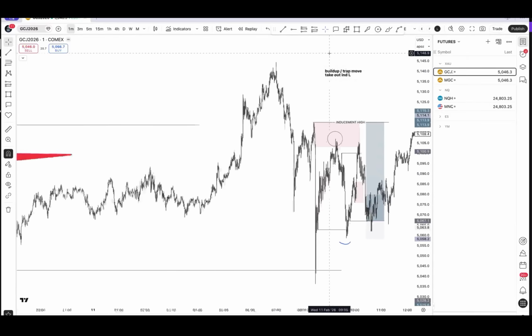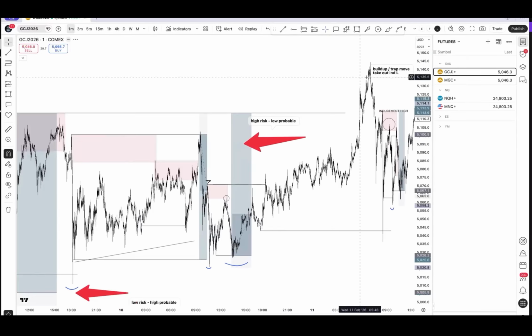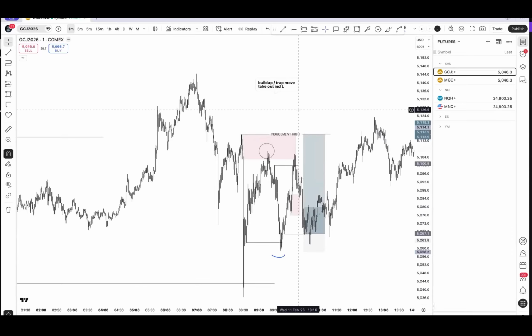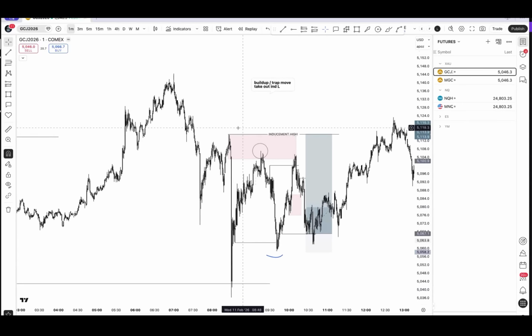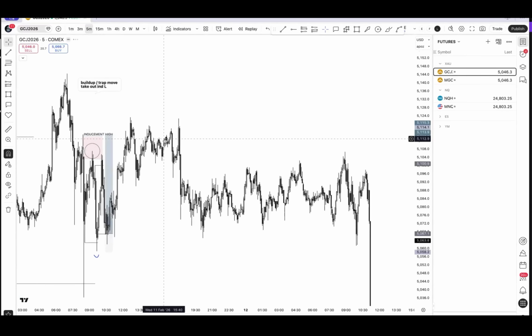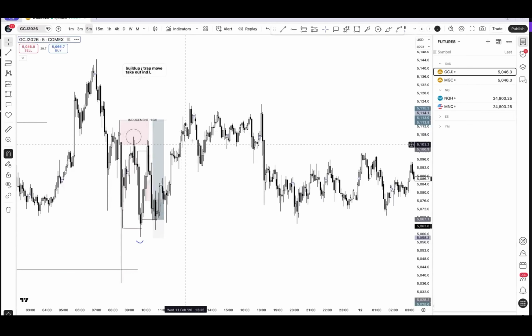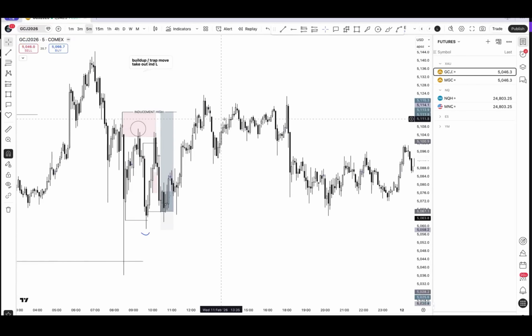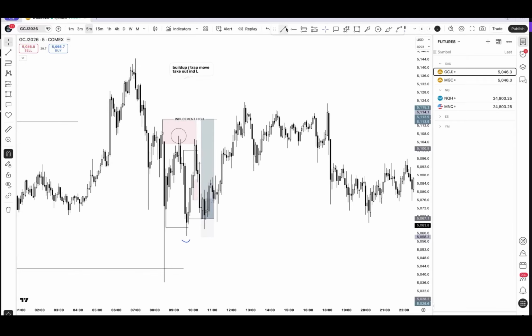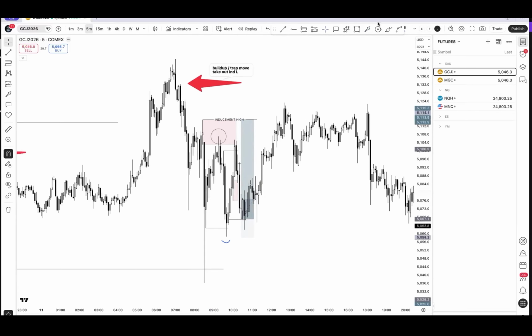Yes, there is still liquidity in the market at the engineered liquidity highs above here, but with this push move, this move down was so strong, right? We saw that we already had an inducement high target. I'm not going to be targeting anything here because there's no engineered liquidity in this space.